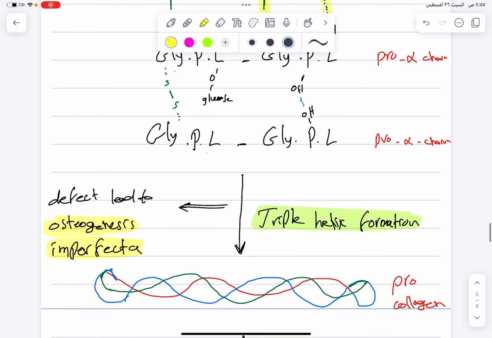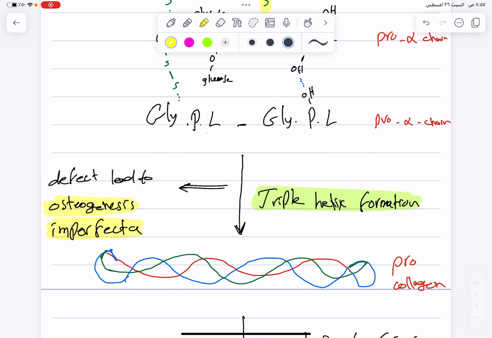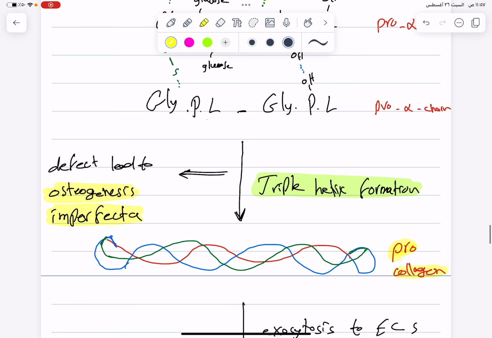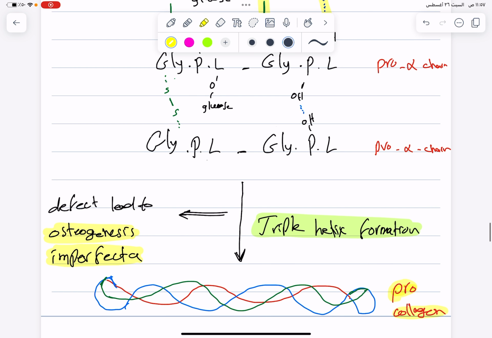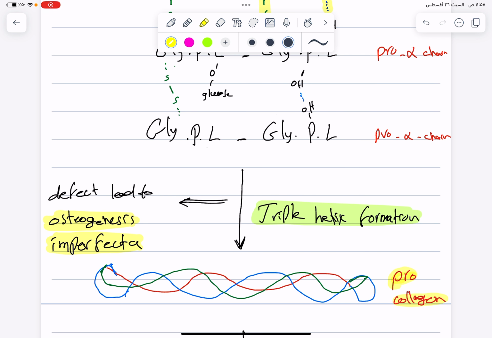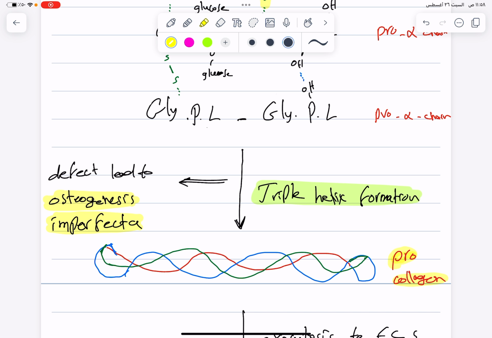This is triple helix formation, also called procollagen. It is formed of three pro-alpha chains.